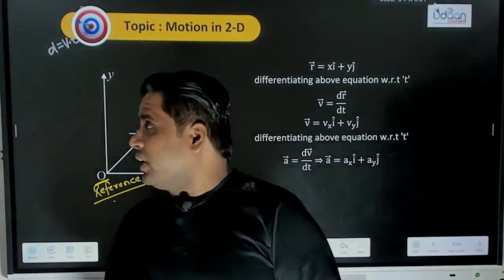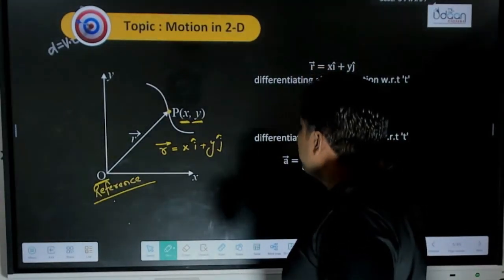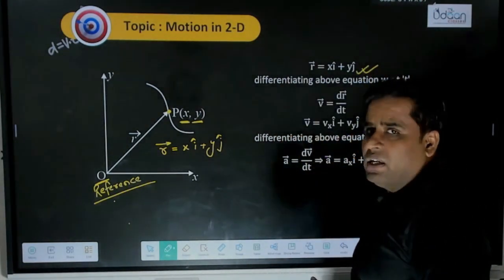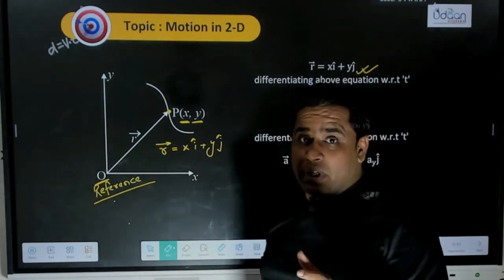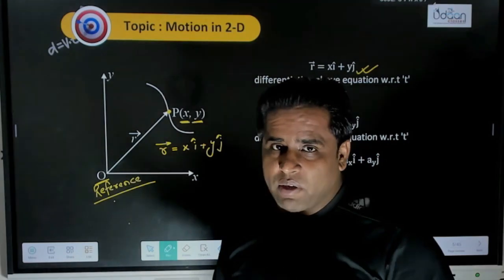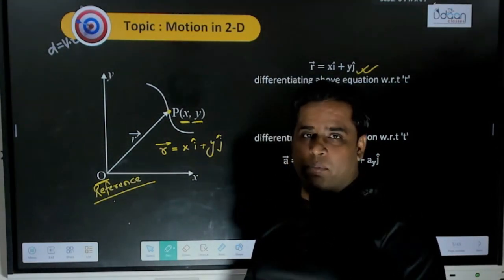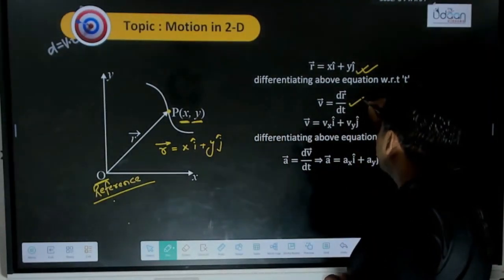Let us move ahead with the part which we have already done. Here if I know the position vector, is there any problem to find the velocity? Because we already know that if we know the displacement vector or position vector, and we differentiate it with respect to time, we can find the velocity vector.